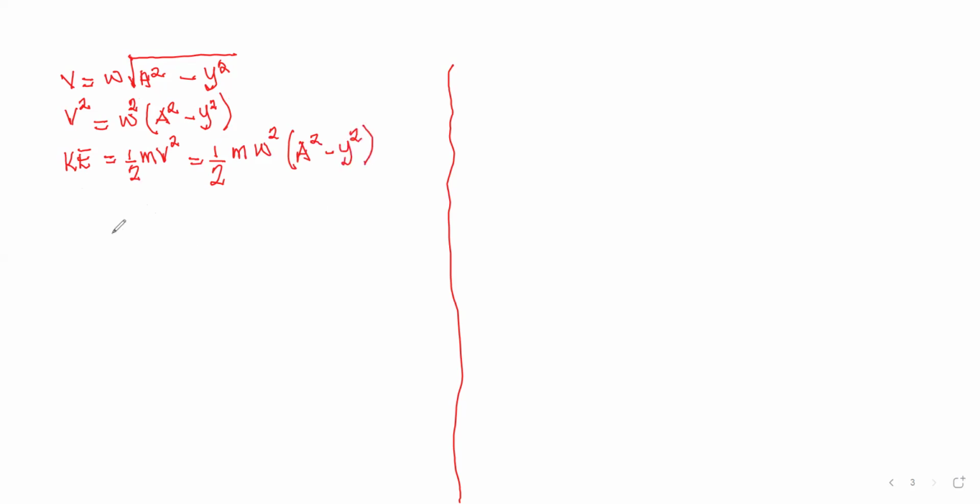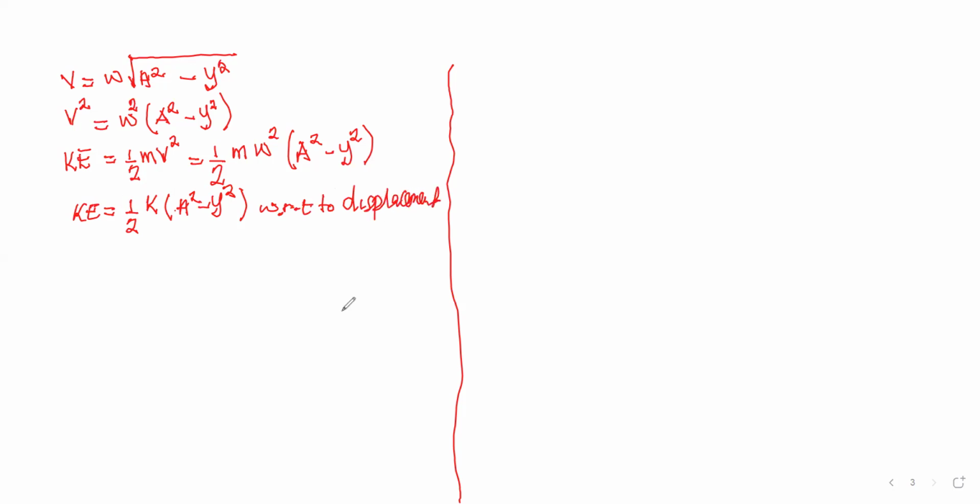Simplifying, we have half k times a squared minus y squared. This is the kinetic energy formula with respect to displacement.